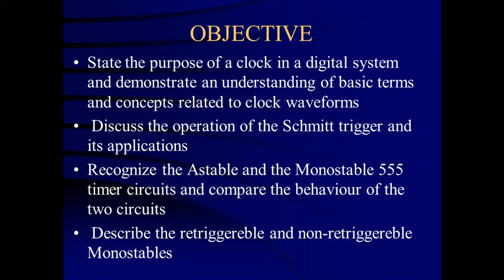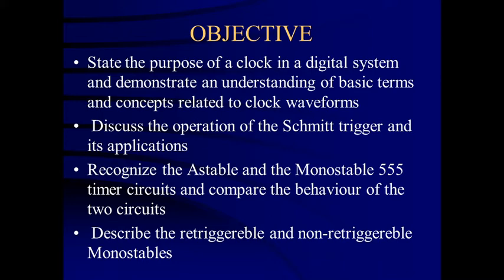State the purpose of a clock in a digital system and demonstrate an understanding of basic terms and concepts related to the clock waveforms. Second objective, discuss the operation of Schmitt trigger and its application.